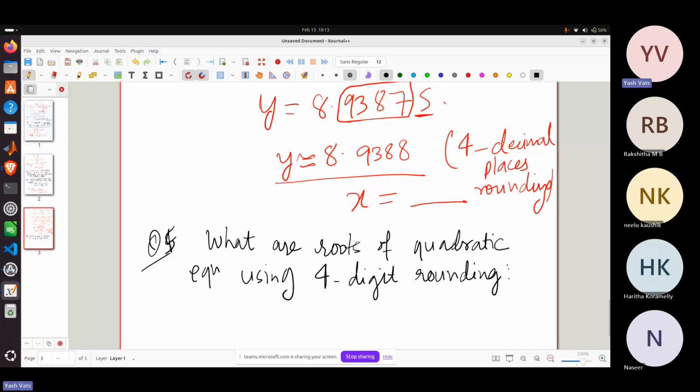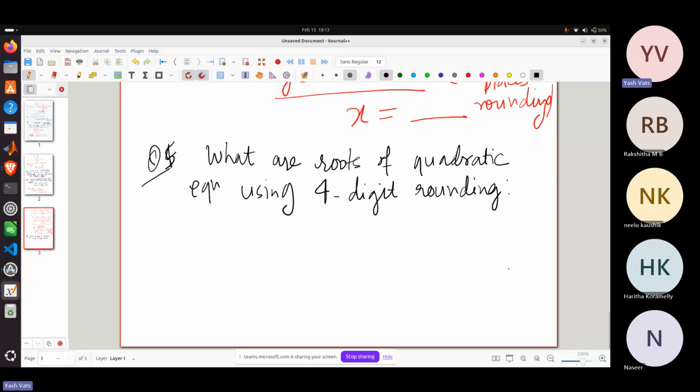It's pretty similar. x squared plus 67.1x plus 1 equals 0. And I write another one.